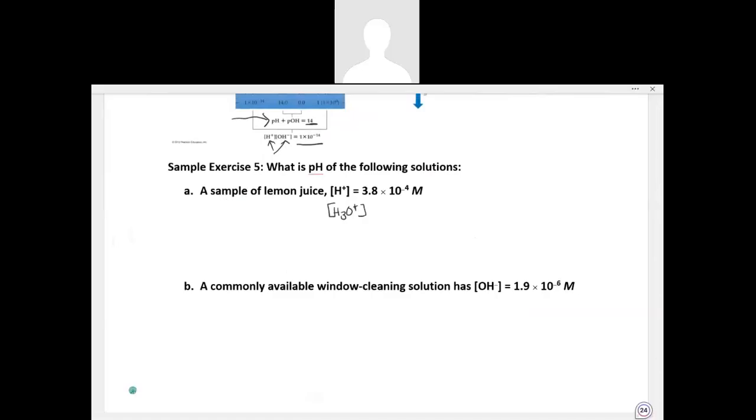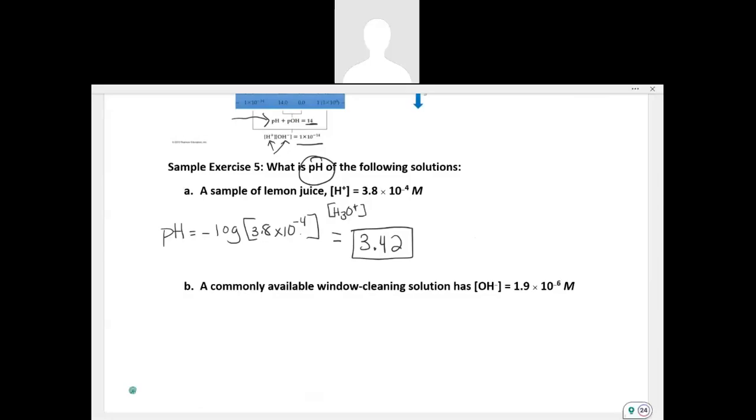To find pH, remember, we just need to plug in the negative log of that hydronium ion concentration. So let's plug into the calculator negative log, then parenthesis, 3.8 times 10 to the negative 4, close parentheses, and you should get a value of 3.42 for the pH of lemon juice.